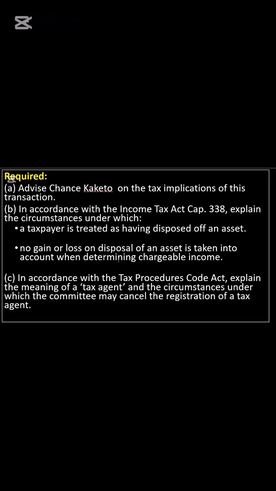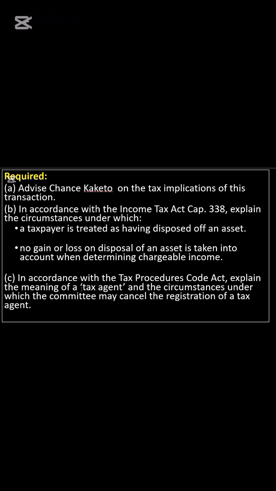So when do we treat a taxpayer as having disposed of an asset? Then two circumstances under which no gain or loss on disposal of an asset is taken into account when determining the chargeable income. So we shall also go through these circumstances.